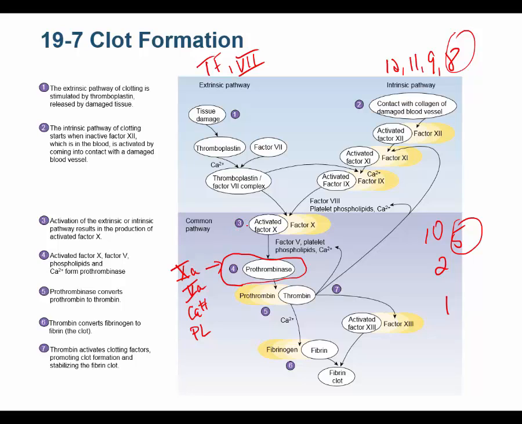The 10-ACE complex, we call it 10-ACE because it's activating factor 10, is right here. But I'm going to add something else to it. It's 11, factor 8, calcium, and phospholipid. That's the 10-ACE complex.